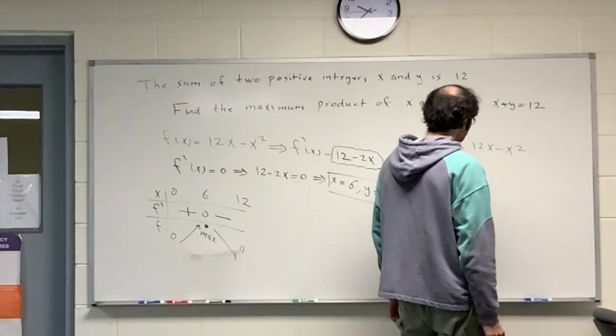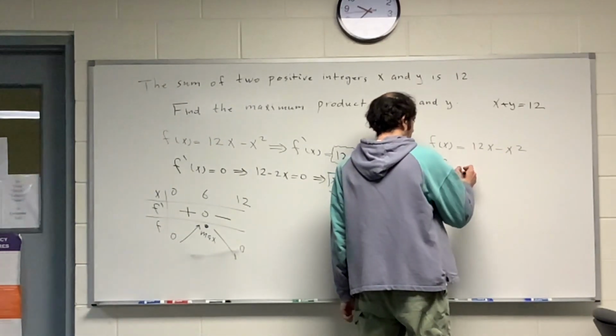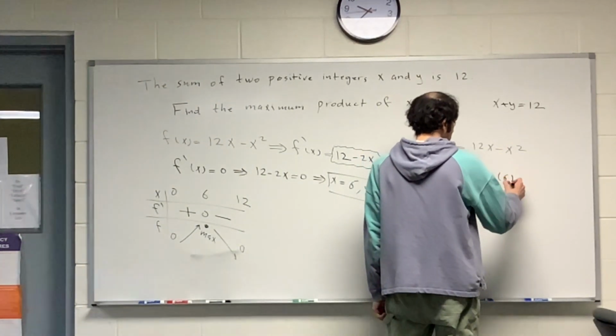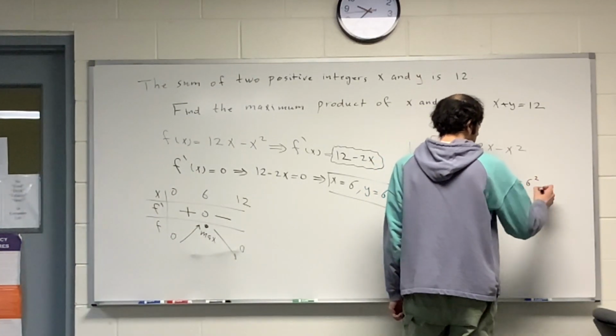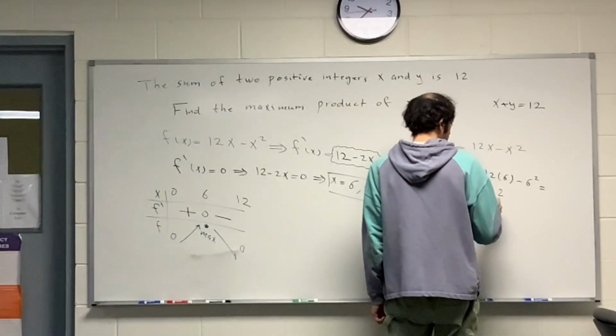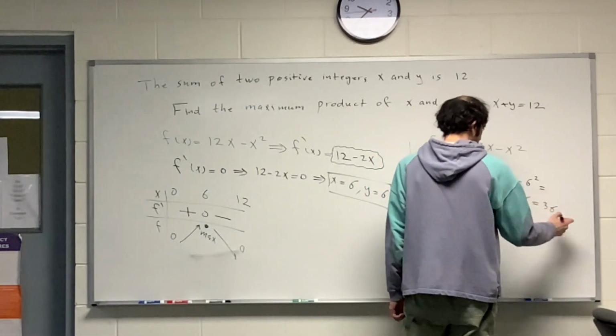And now, as you can see, when I plug x equals 6 here, I'm going to have 12 multiplied by 6 minus 6 squared, which is 72 minus 36, and here I have 36.